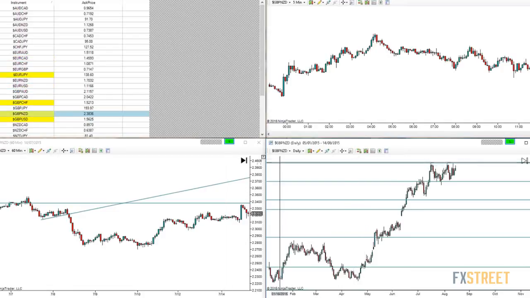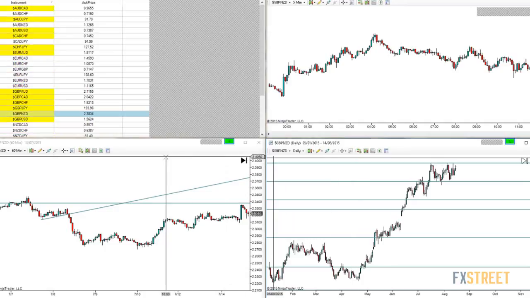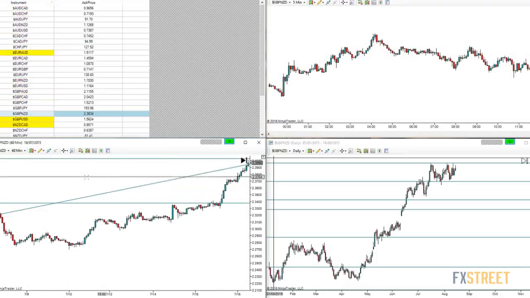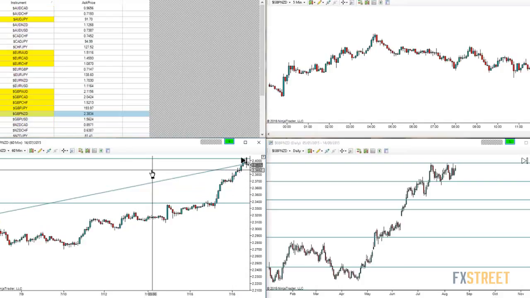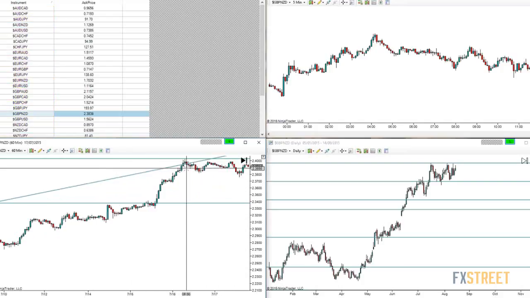So what level's that? 2.4029. Let's put that on our chart, see what happens. Market trends up to it. This is the lower time frame, by the way.